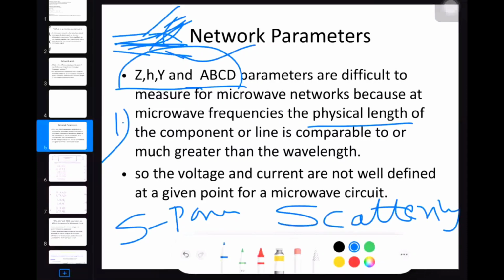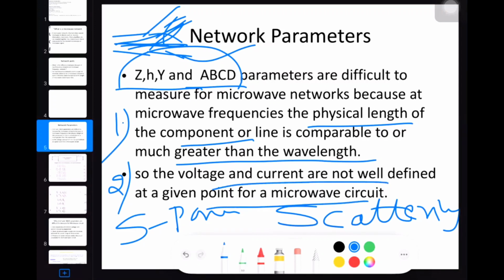The physical length of the component is much greater than the wavelength. So whenever the physical length is comparable to or greater than the wavelength, the voltage and current at a given point cannot be defined exactly in a microwave circuit or microwave network. These are the two important parameters: the physical length of the device is more and the frequency of operation is also high.